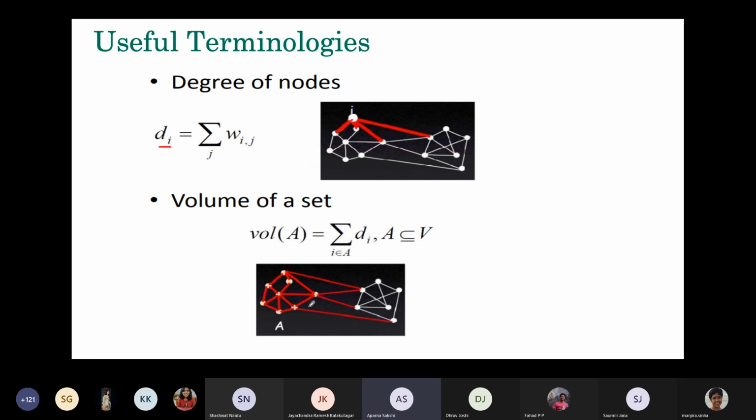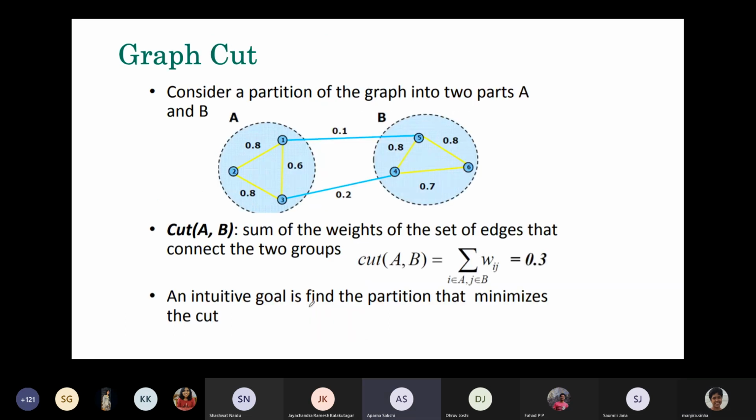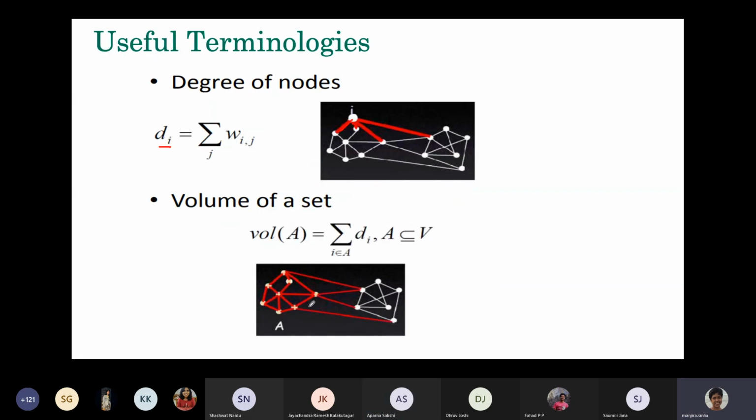Ma'am, could you show the example once? For set A, it should be 0.8 plus 0.8 plus 0.6, that is 2.2, plus 0.3, it should be 2.5. So why is the volume not that? See, in the volume definition, this di is the degree of the node.